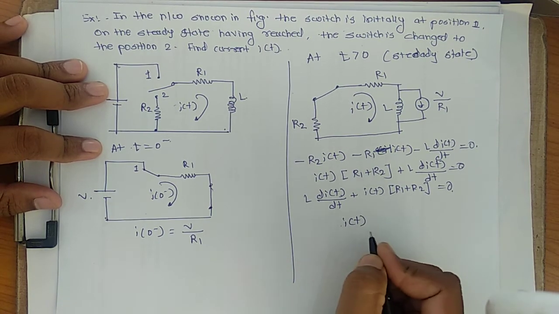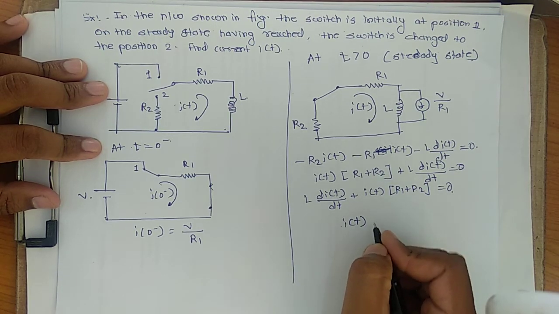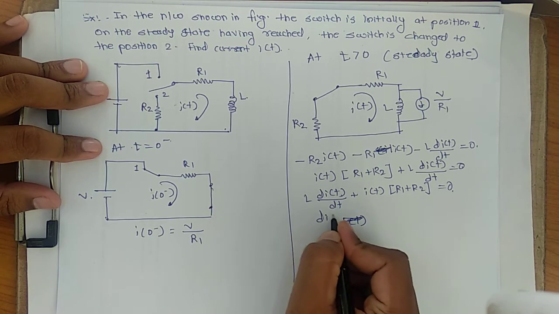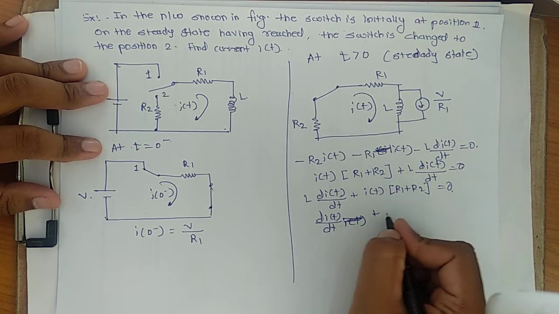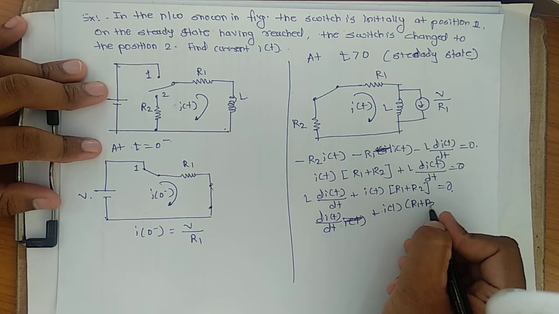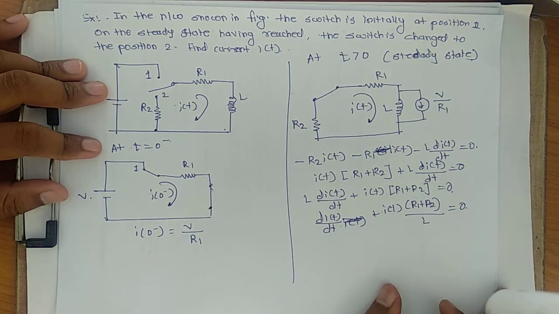So I will take L common from dI of t divided by dt, and from the other term as well. So dI of t by dt plus I of t (R1 plus R2) divided by L is equal to 0, right?